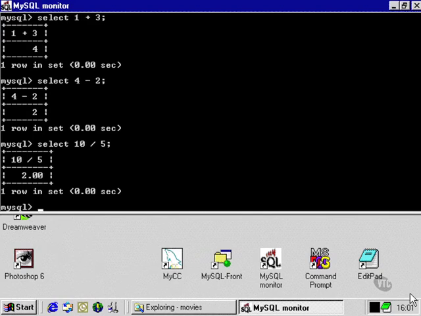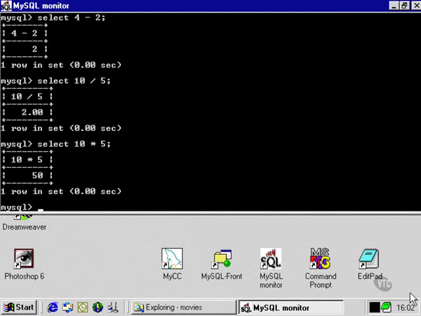As we can see, the answer is given here in a slightly different format, but it is nonetheless functionally identical. For multiplication, we use the asterisk located above the 8 key on my keyboard, and all that does is exactly what you'd expect it to do, which is to multiply the two figures together.